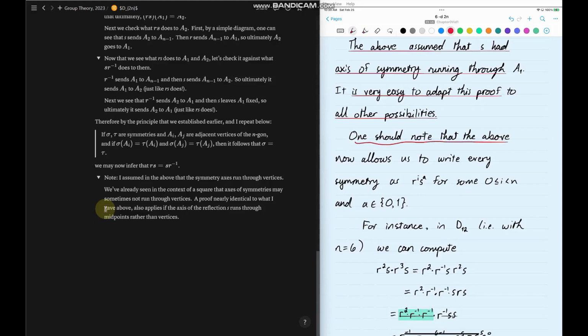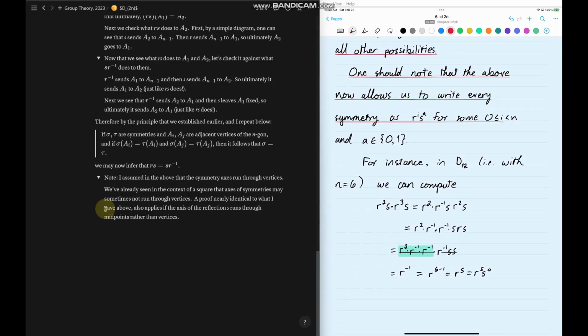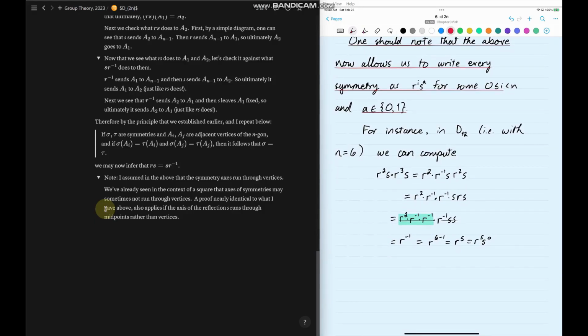One should note that the above now allows us to write every symmetry as R to the I, S to the A, for an I between 0 and n, of course an integer, and A in the set {0, 1}. So A could be either 0 or 1. Let's just see this in action.